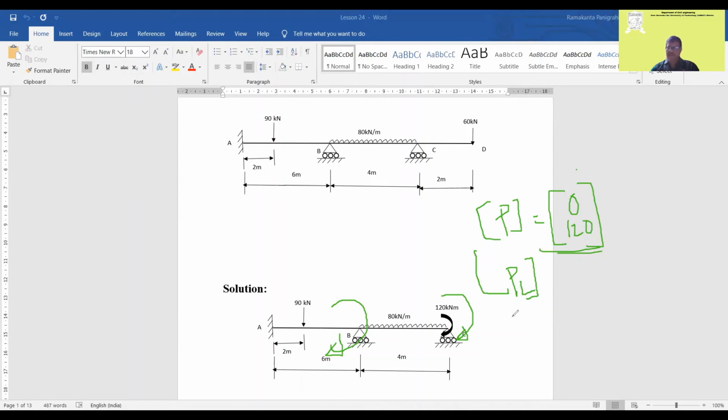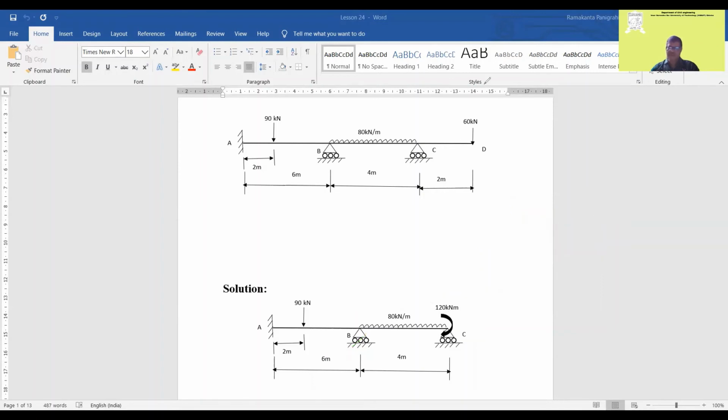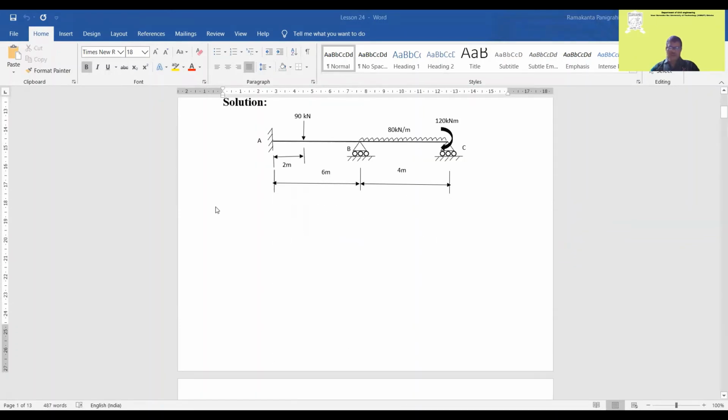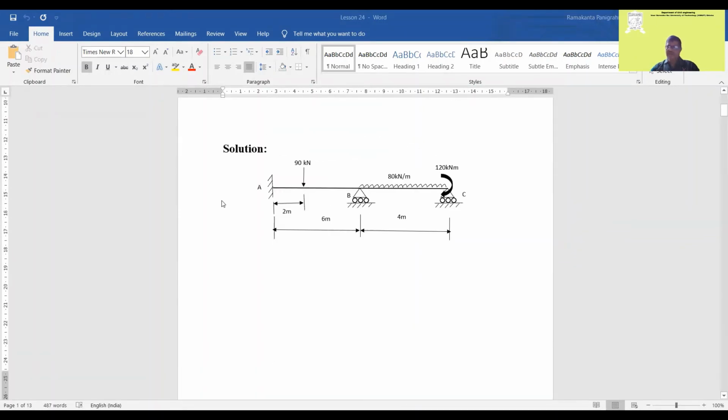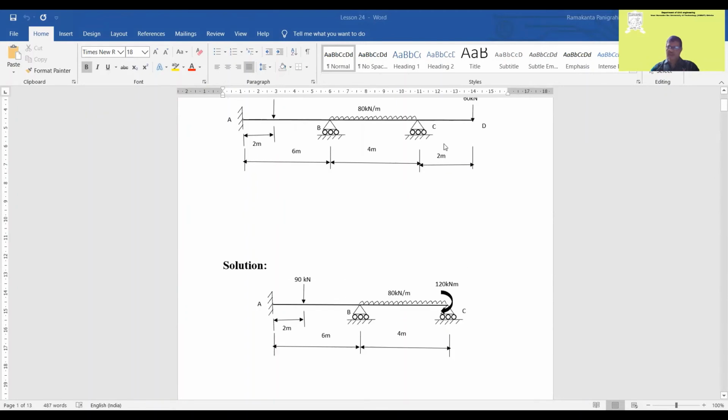This 120 is the external load applied at the joints. This is clockwise, so we can take it positive. The interest of doing this problem is that you will know the meaning of the P matrix.